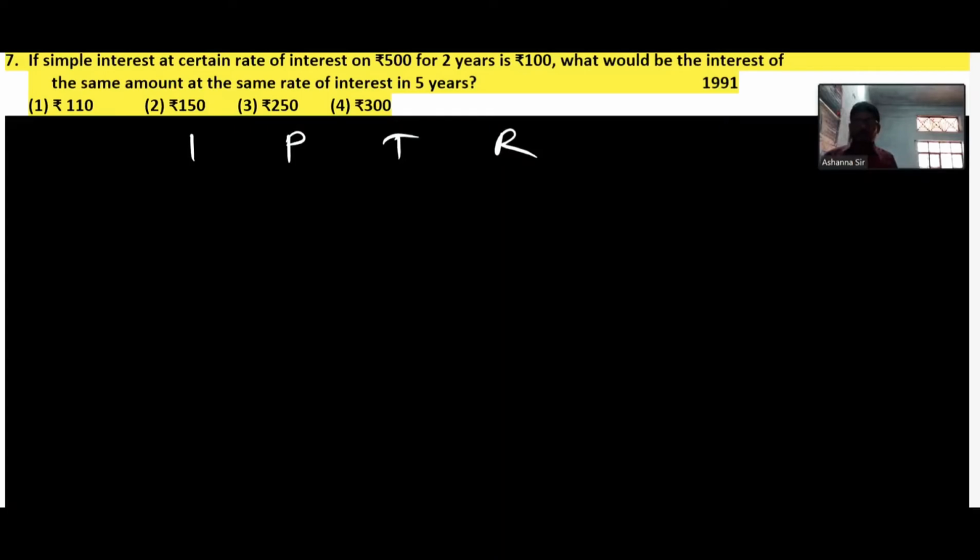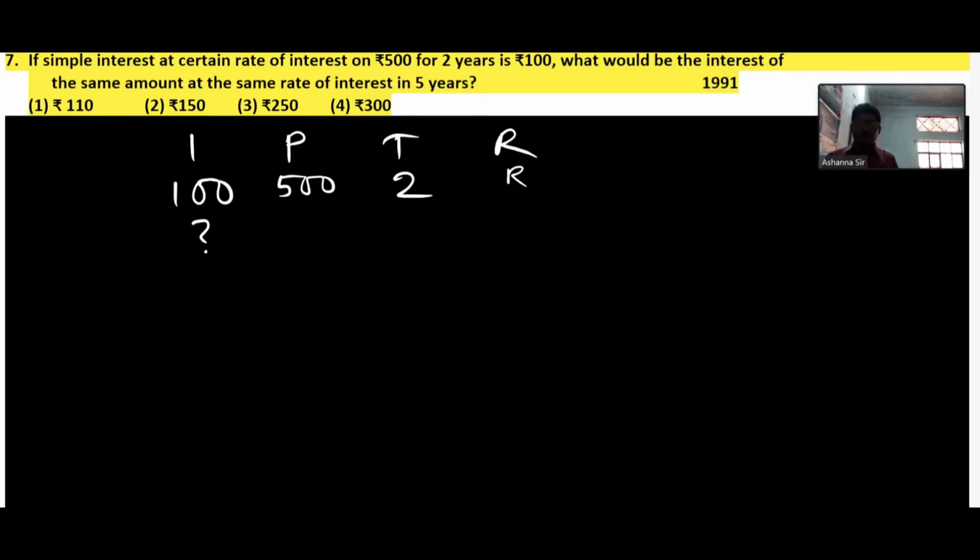If simple interest at a certain rate of interest on 500 rupees, amount 500 for 2 years, is 100 rupees, what would be the interest?